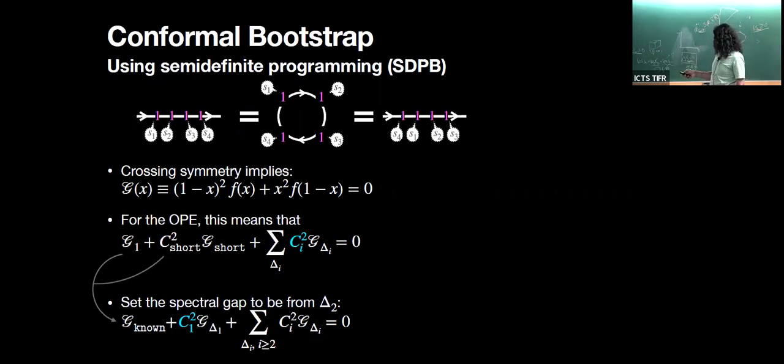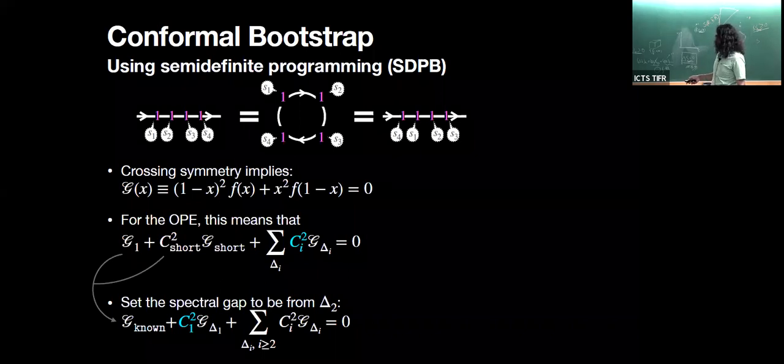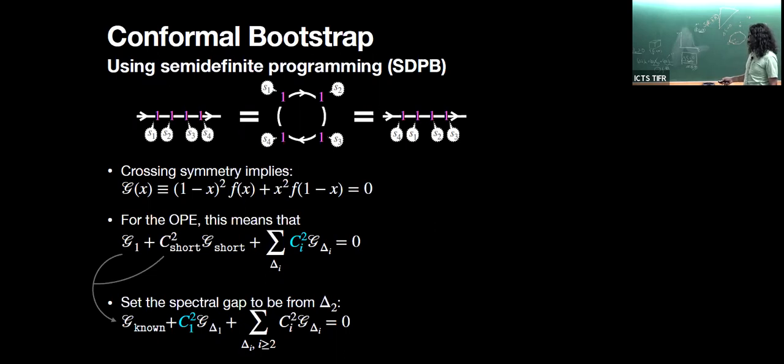That's the three-point function whose structure constant I want. I write it in the following way: let there be a spectral gap at delta equal to 2. All this means is that I have G known, I have this C squared 1 which I want to calculate, plus everything else put on the side. Then we want to bootstrap this crossing equation.